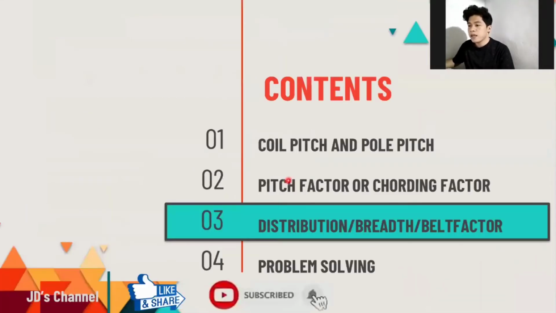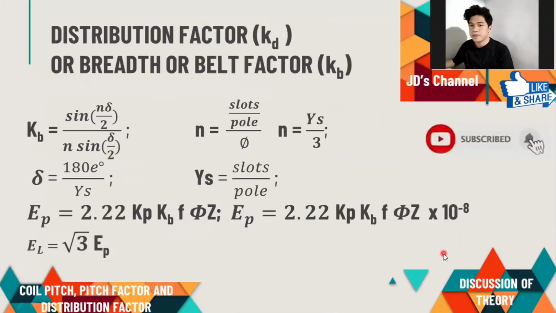Okay? So the next one is the distribution, or breadth, or belt factor. In other books it is called distribution, in other books breadth, and in other books belt factor. So these are our formulas, class.